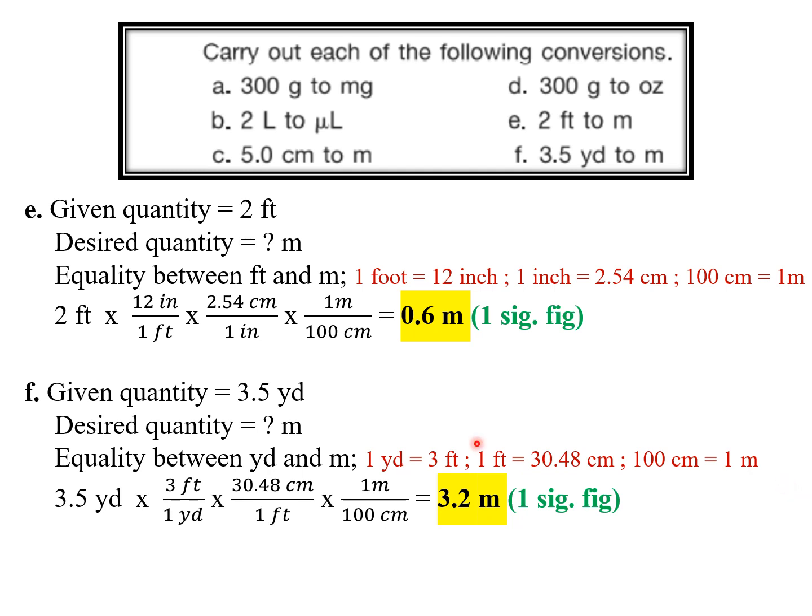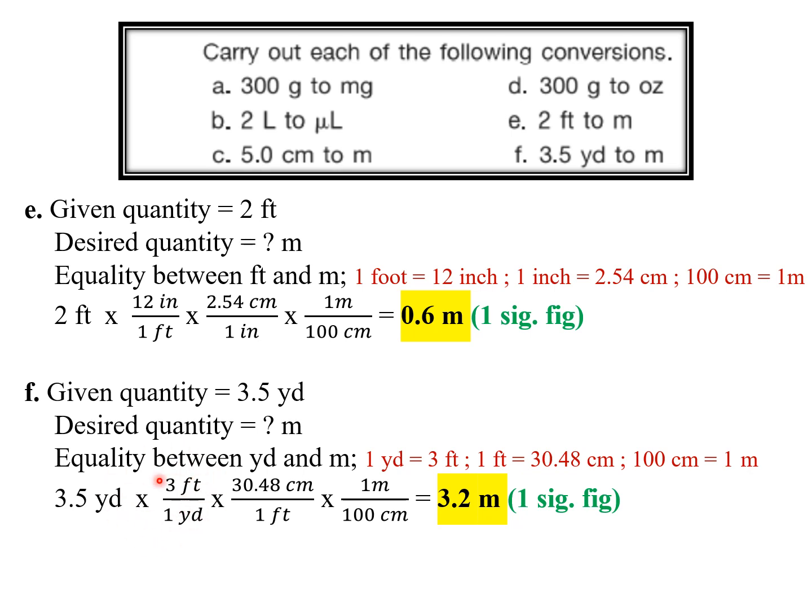Same like above. So 3.5 yard, using first equality, we can write 2 conversion factors, 1 yard divided by 3 feet or 3 feet divided by 1 yard. But we need this conversion factor with yard in the denominator because our given quantity unit is in yard. Then yard cancel. 3.5 times 3 is the answer in feet.